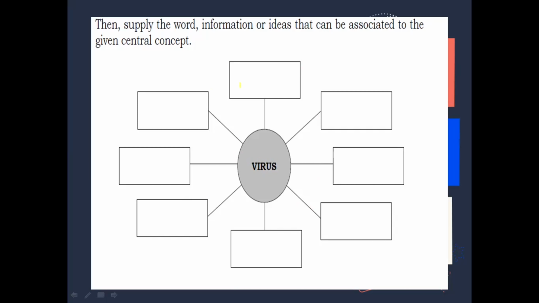Write your answer inside the box. You can use your thesaurus, you can search through the internet, or use your encyclopedia or dictionary, as long as the words that you write inside the box are associated with the word virus.